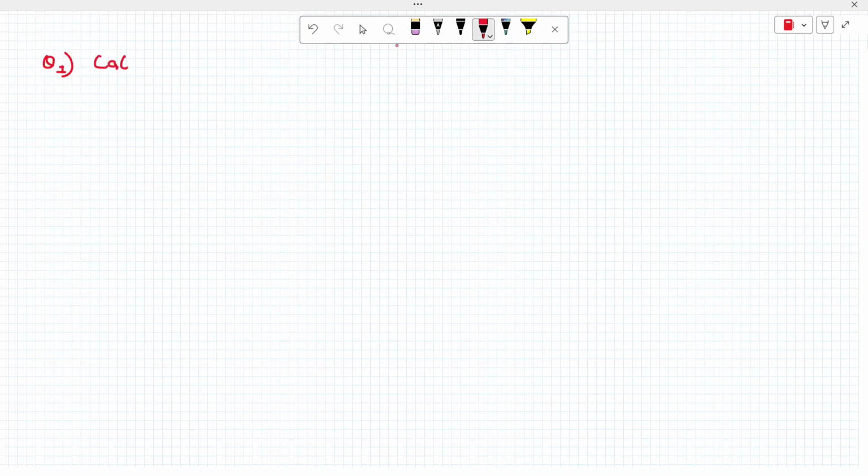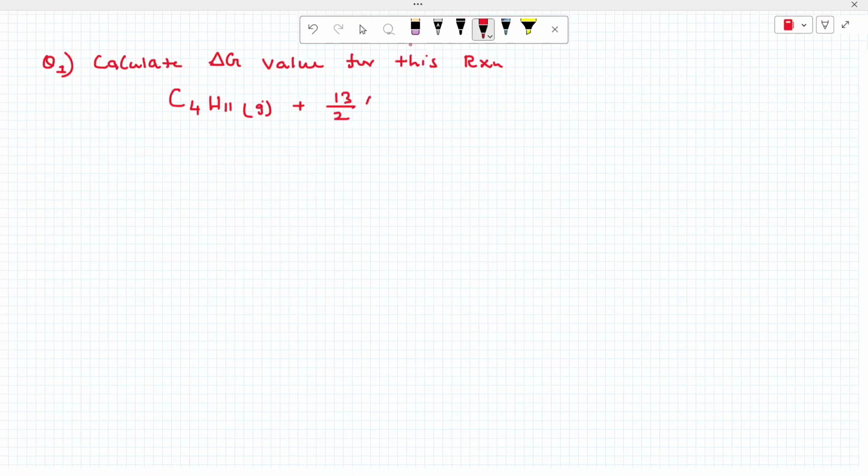Calculate the delta G value for this reaction: C4H10 gas plus 13/2 O2 gas gives 4 CO2 gas plus 5 H2O gas.